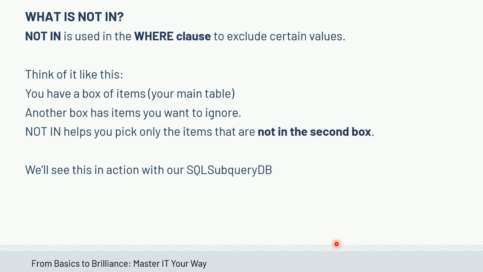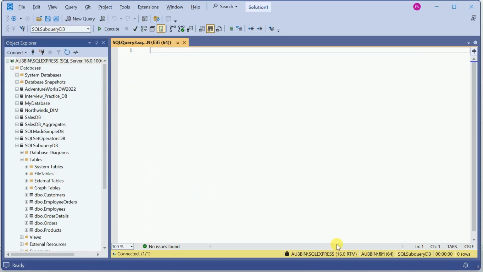The first example we're going to look at is customers without any orders. So I'm going to switch back to this. We are looking for customers without any orders.